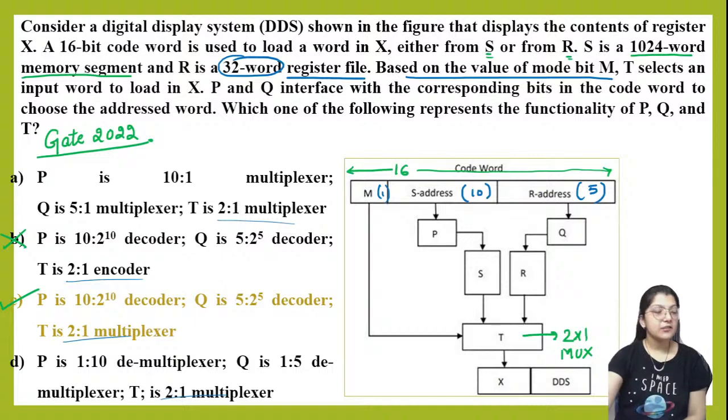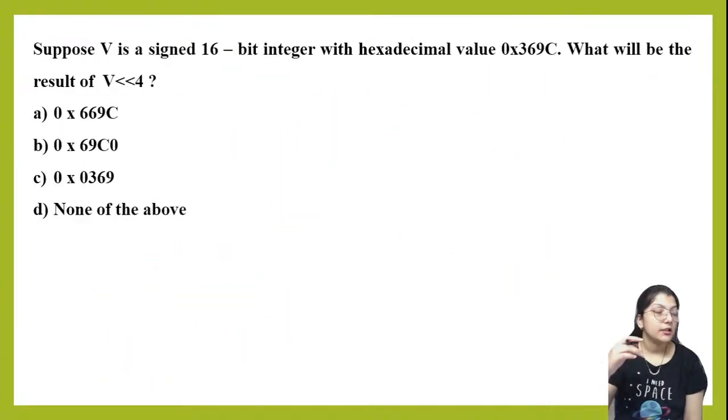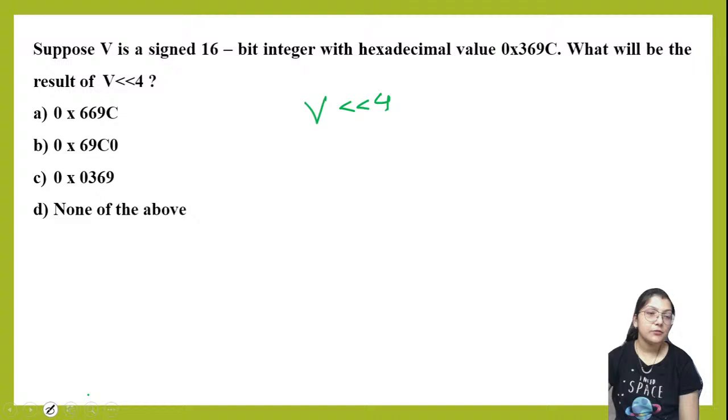Okay, next question. Suppose v is assigned a 16-bit integer with hexadecimal value 369c. What will be the result of v shift 4? So tell me, what will it be? I hope you all know what this symbol is.